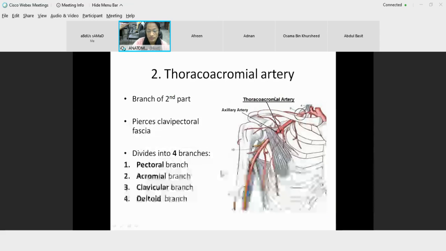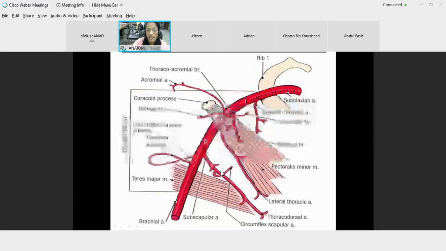Coming to the thoracoacromial artery, which is a branch arising from the second part. You can see it arises at the upper border of the pectoralis minor muscle and pierces the clavipectoral fascia, and then it divides into four branches: the clavicular branch, the pectoral branch, the deltoid branch, and the acromial branch.